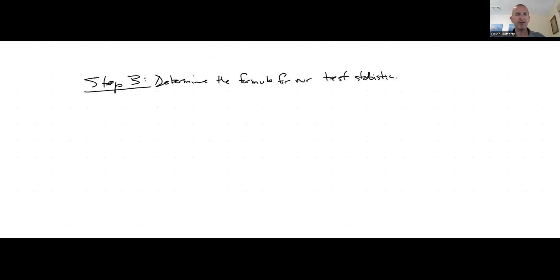Okay. So, step 3, determine the formula for the test statistic. The one and only question we ask ourselves when it comes to getting the formula for the test statistic is, do I know the population standard deviation?